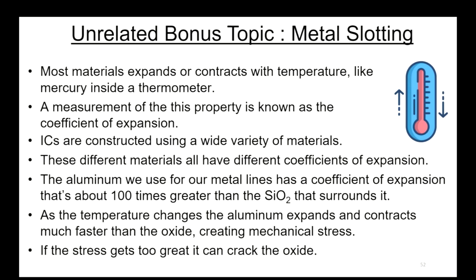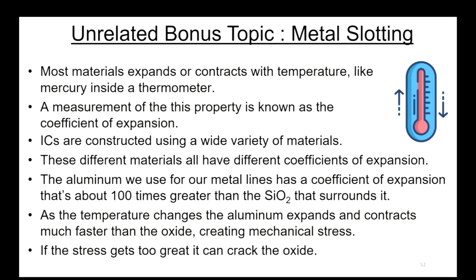Nothing very interesting. I'm going to talk about metal slotting. So most materials expand or contract with temperature, like mercury inside a thermometer. A measure of this property is known as the coefficient of expansion. ICs are constructed using a wide variety of materials, and all these different materials have different coefficients of expansion.